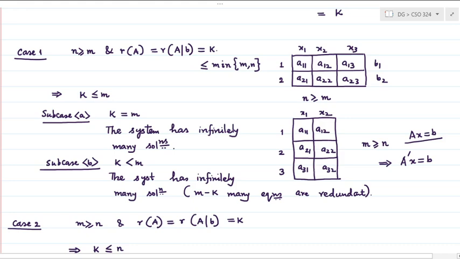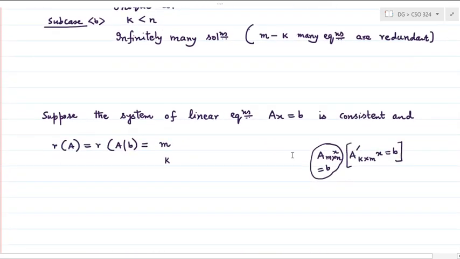Fine. And thus there is no loss of generality if we are assuming our discussion of this system where m is less than or equal to n.